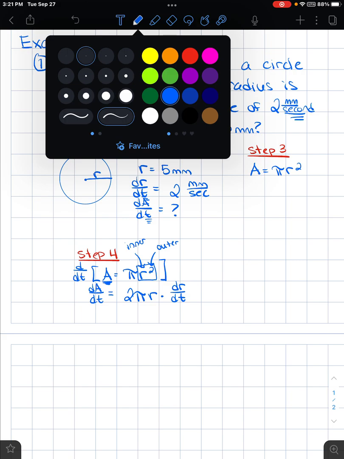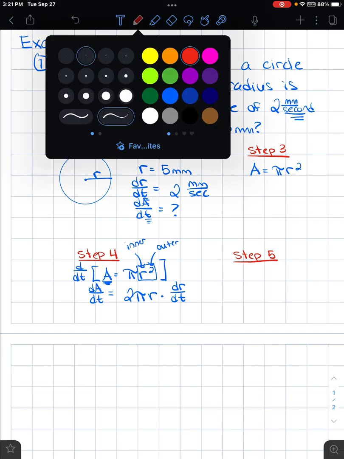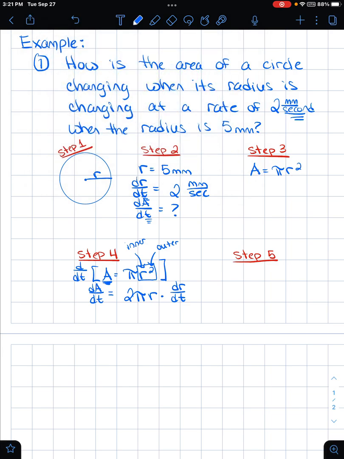Okay, finally, our last step in related rates problems is to use that rate equation we came up with and substitute in the values we know, then solve for what we're looking for. So in this case, we're trying to solve for dA/dt, and we know all of these other values. dA/dt we don't know. That's what we're looking for.